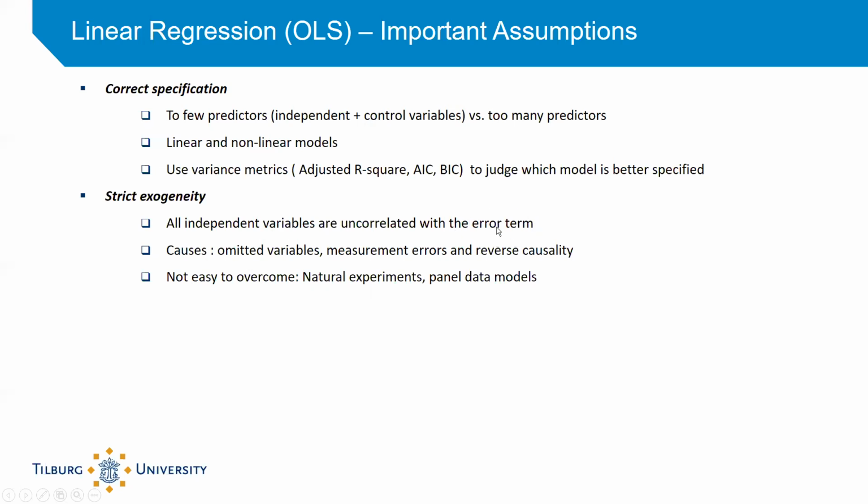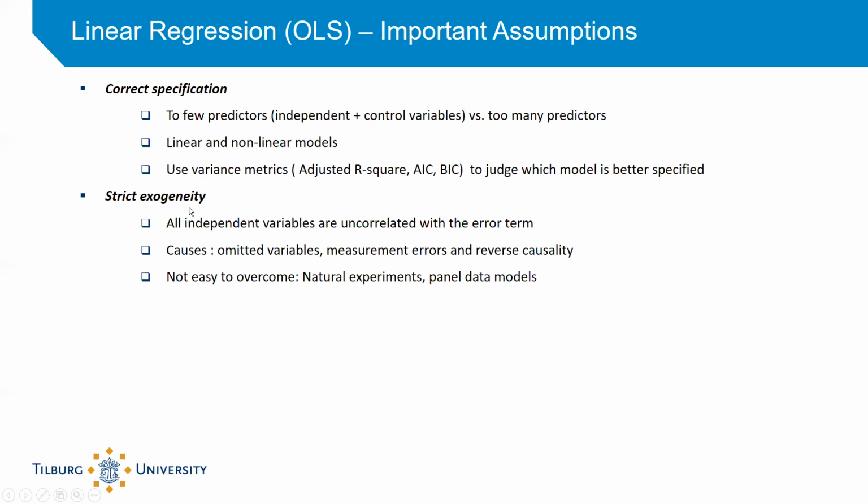The whole idea is to make the error term extremely normally distributed. The error term should not be able to predict anything in your model. It should be completely outside of your model. That's the whole purpose of this. So what happens when you do not meet the strict exogeneity condition?